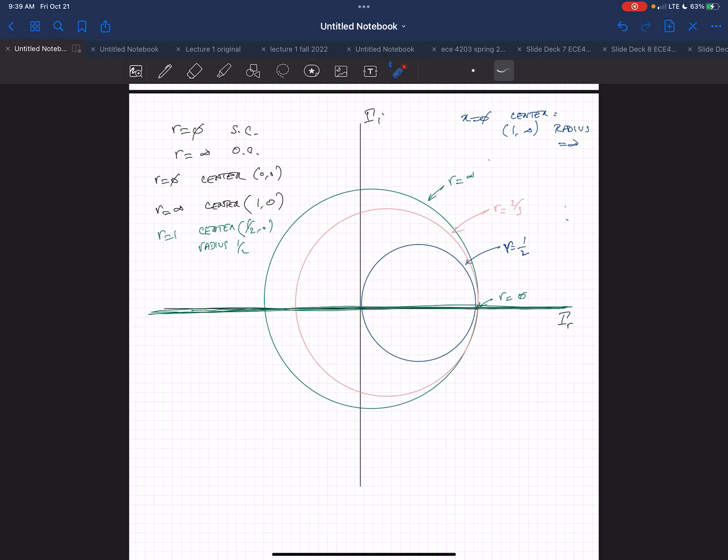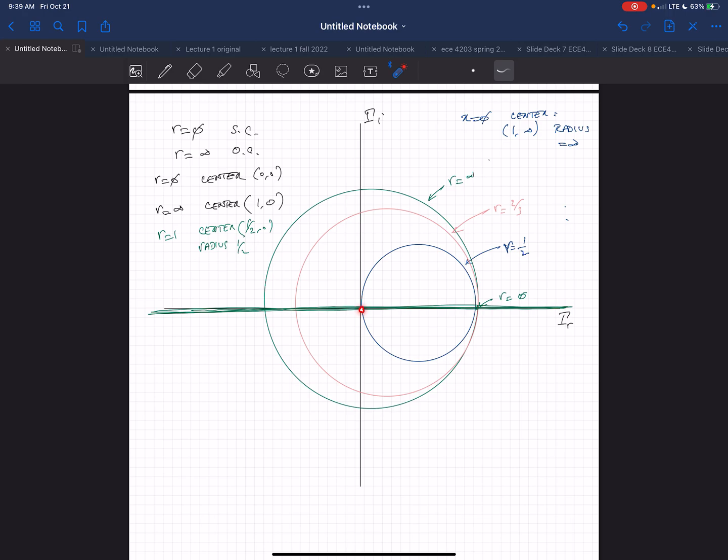So let me just tell you this, it's the intersection between the X and the R line. If I'm here, there's an R line, that's the circle, that's intersecting the X equal to 0 circle.